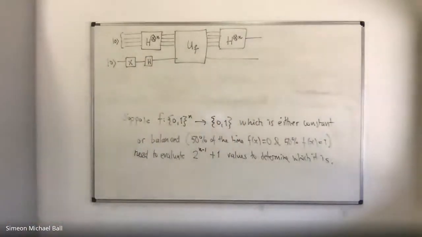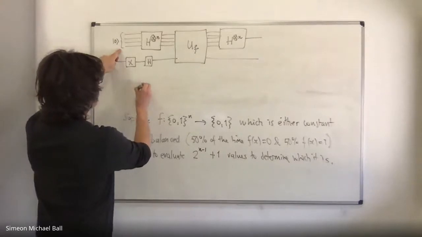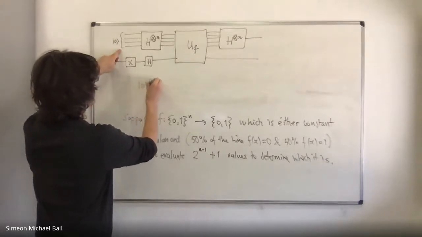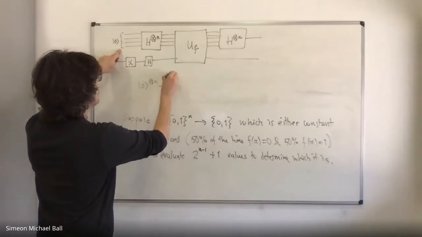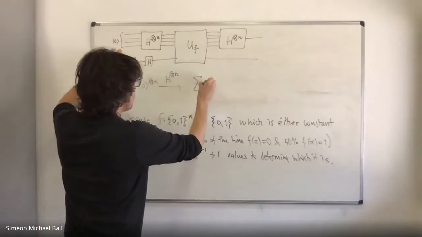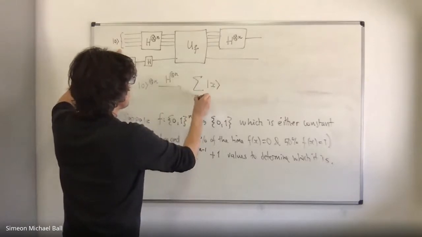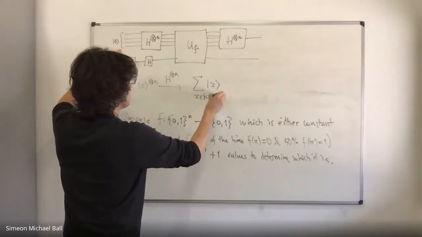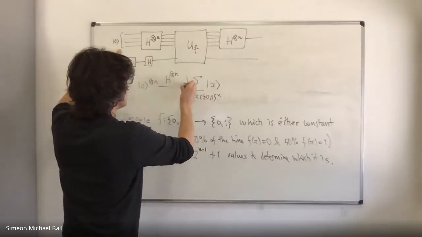To do that, well, we already did this bit, right? We did this tensor n times, and we applied the H tensor n, and we know that that went to the sum over all x in {0,1}^n, 1 divided by root 2^n of x.